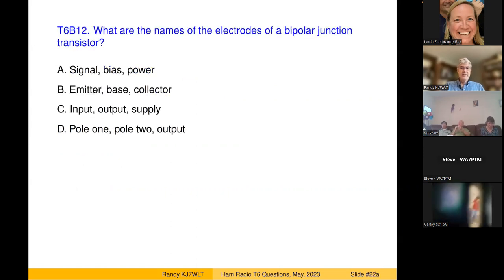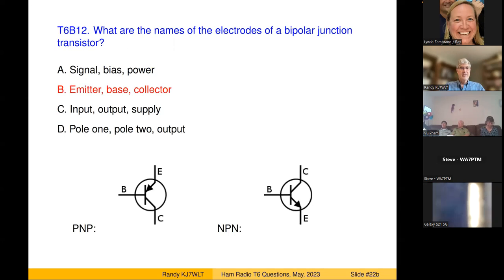Then there's a couple of things that you just kind of have to memorize, I think. What are the names of the electrodes of a bipolar junction transistor? This is just one particular kind of transistor that has three connectors that are called the emitter, the base, and the collector in this case.